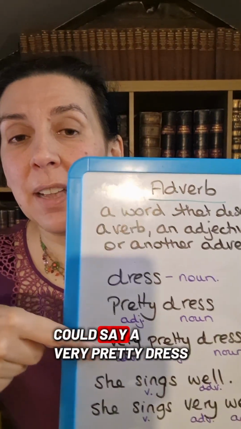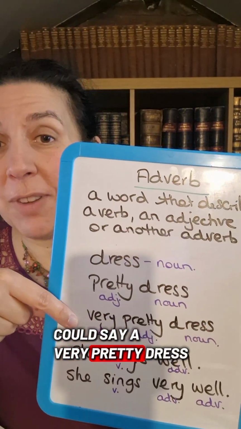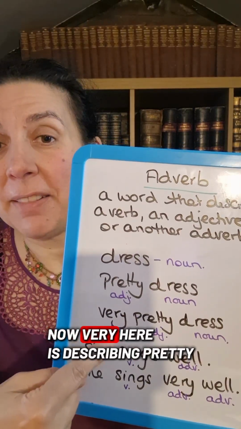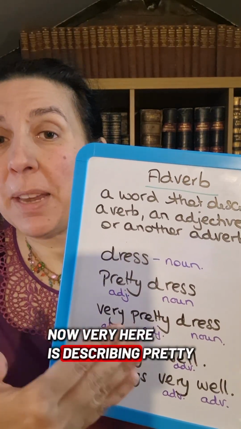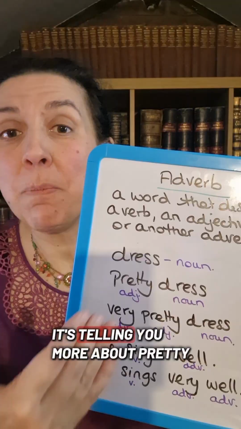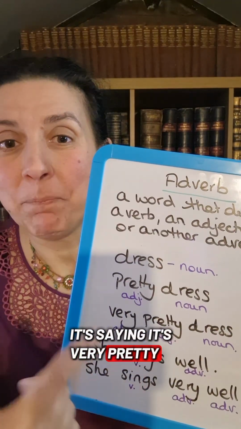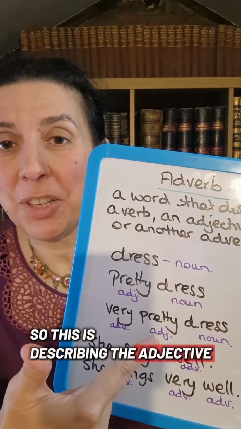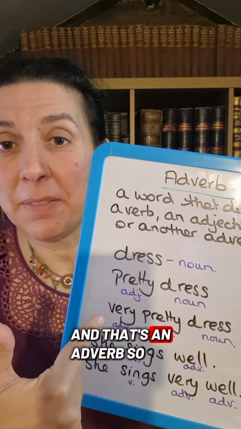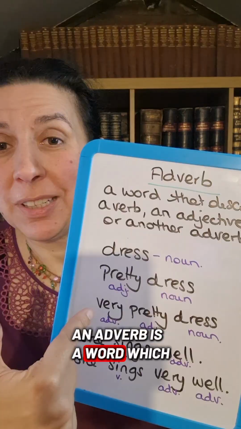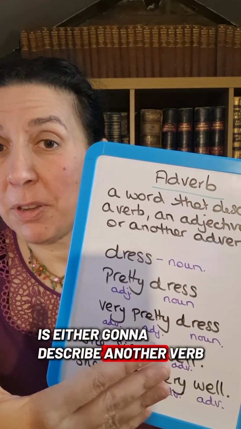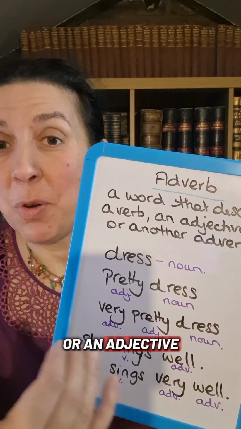Next, I could say a very pretty dress. Now, very here is describing pretty. It's telling you more about pretty. It's saying it's very pretty. So this is describing the adjective, and that's an adverb. So an adverb is a word which is either going to describe another verb or an adjective or another adverb.